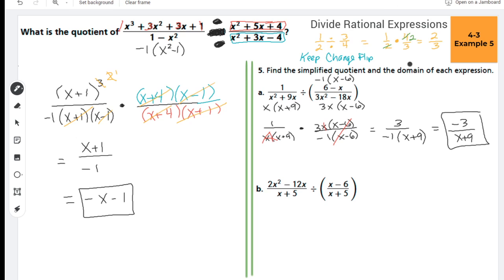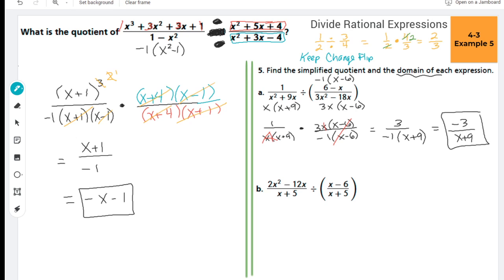Now, in terms of the domain, remember our domain is going to be restricted based off of what is in the denominator of the fraction. And so it gets a little confusing because then we have to figure out which set of fractions am I using? Am I going to do it before I keep change flip? Am I going to do it after? We really have to think about when we need to analyze it.